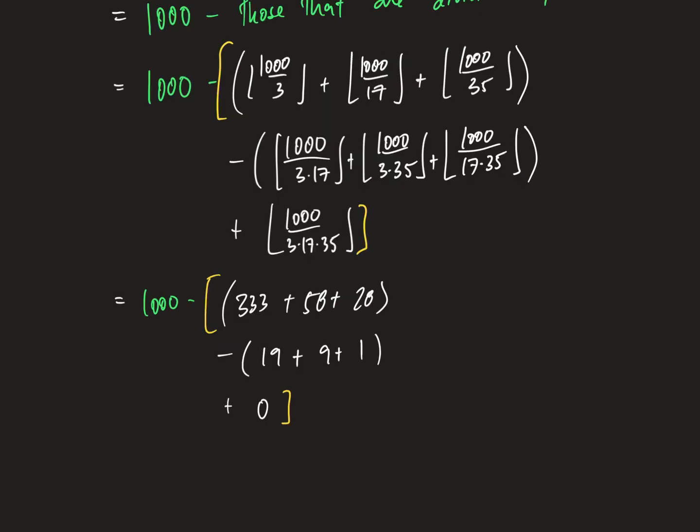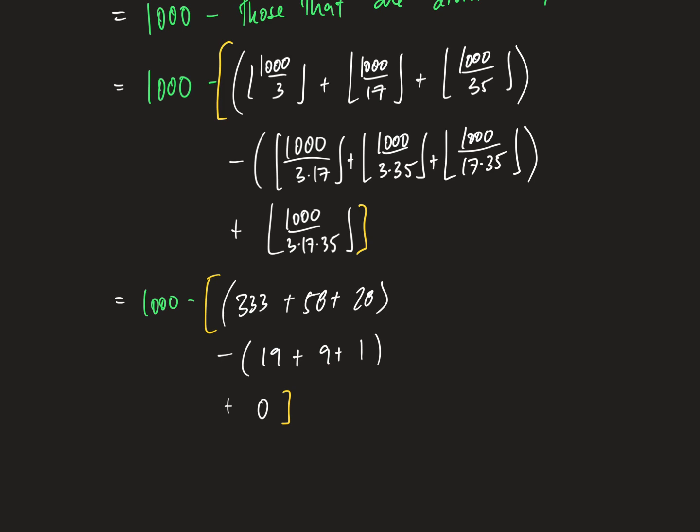Okay, and these are the numbers that you get after doing all of those computations. So the floor of 1,000 over 3 is 333. The floor of this number, 1,000 over 3 times 17 times 35, is just 0. That's because actually 3 times 17 times 35 is greater than 1,000.